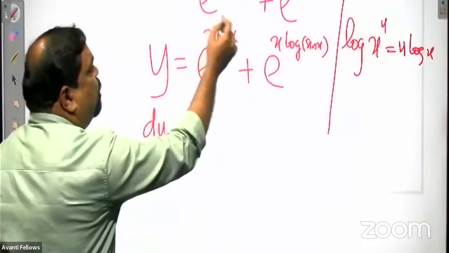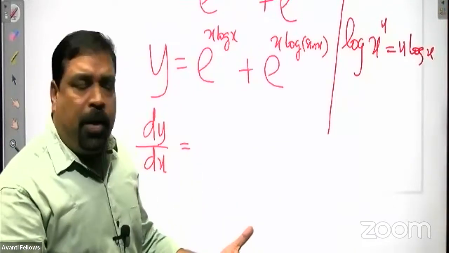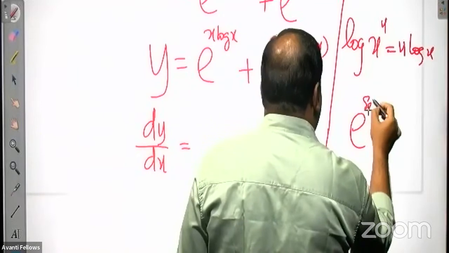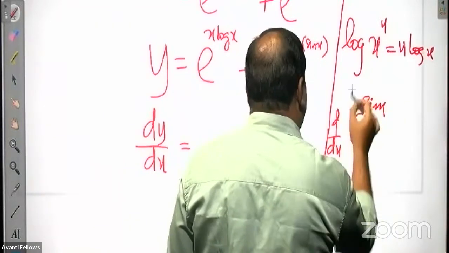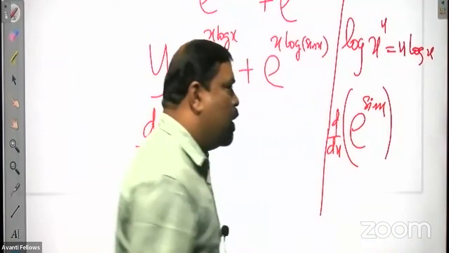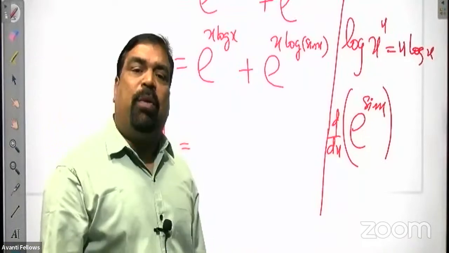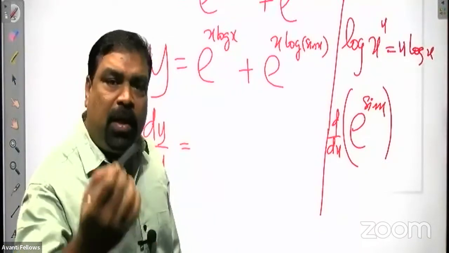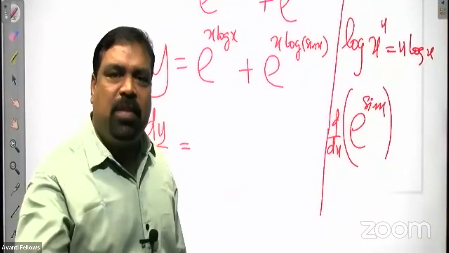Because you know the derivative of e power something. For example, what is the derivative of e raised to sin x? Everybody can give the answer. How to get it? We have to apply the chain rule. Derivative of e raised to x is e raised to x.